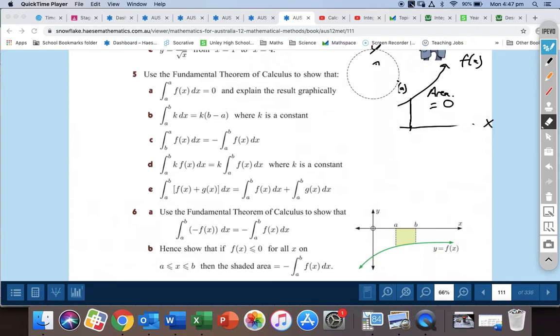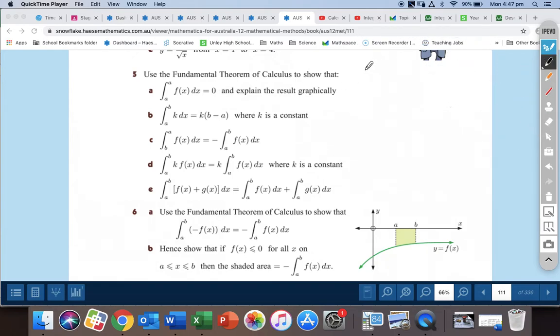I guess you could use fundamental theorem of calculus. You could say, let capital F of x be antiderivative of f of x.